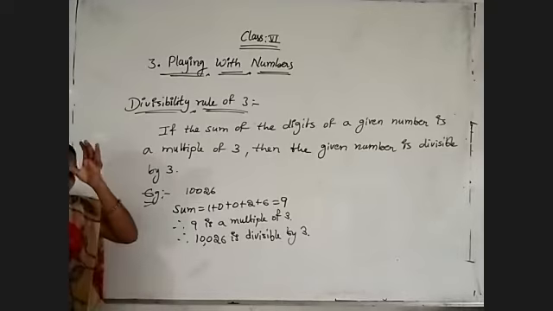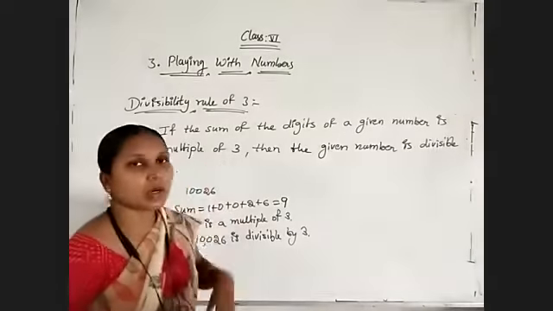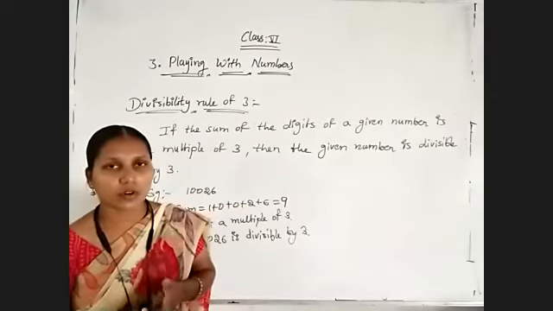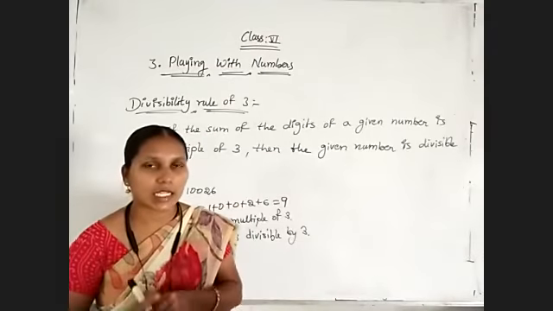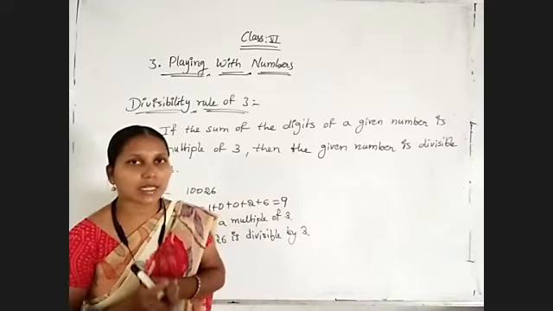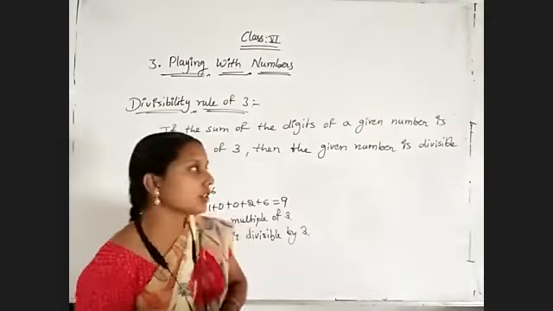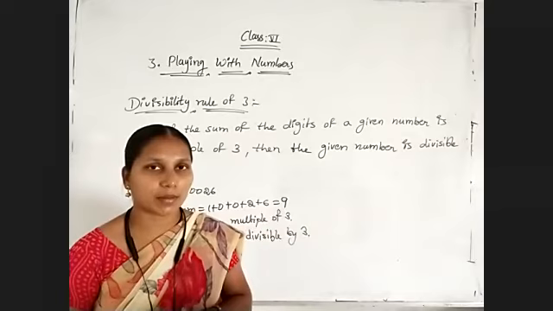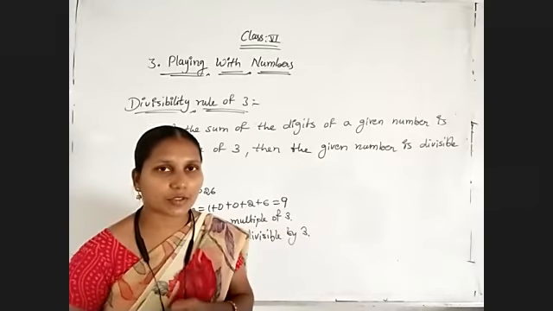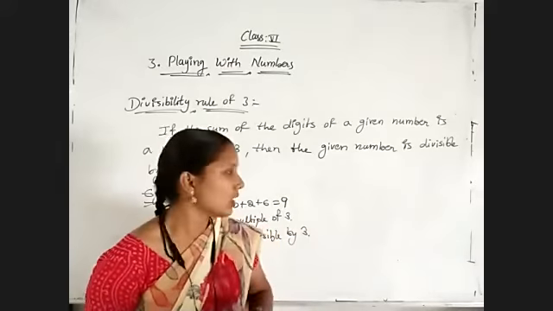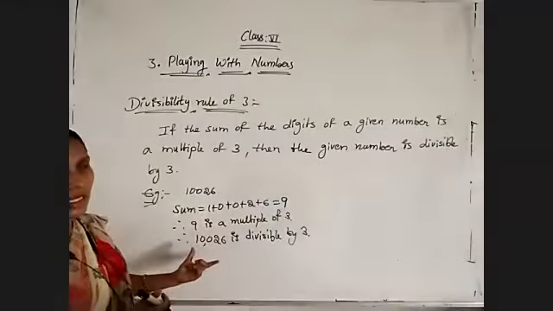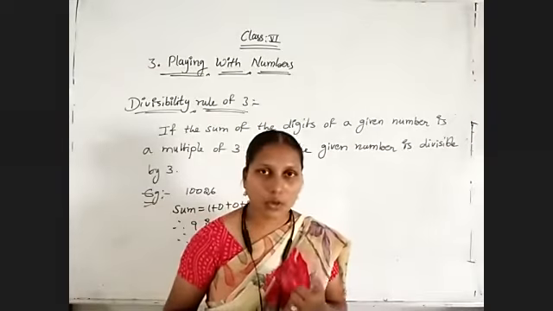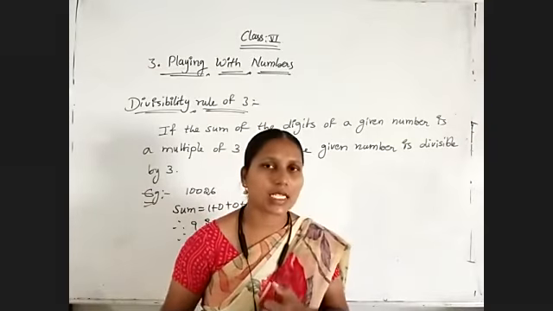Okay. So as I told you, what is the divisibility rule of 2? If a number is having 0, 2, 4, 6 or 8 in its unit place, then that number is divisible by 2. And for 3, if the sum of the digits of the given number is a multiple of 3, then it is divisible by 3. So as I showed in the example, this is the example. And for 6, if a number is divisible by 2 as well as 3, then only it is divisible by 6.